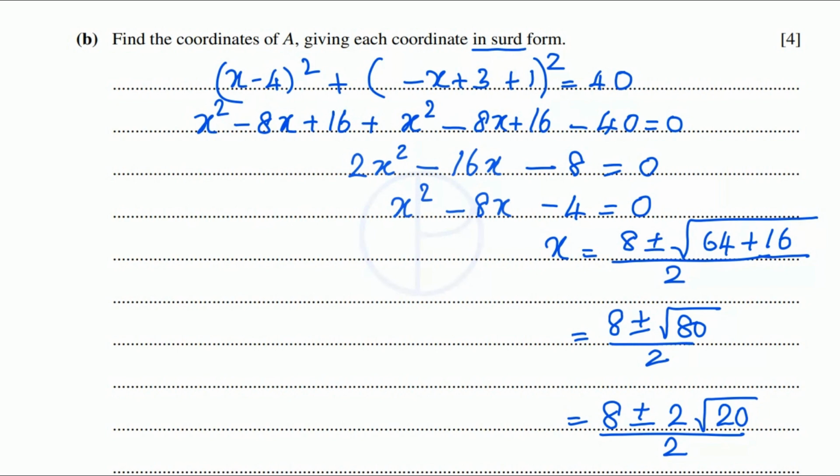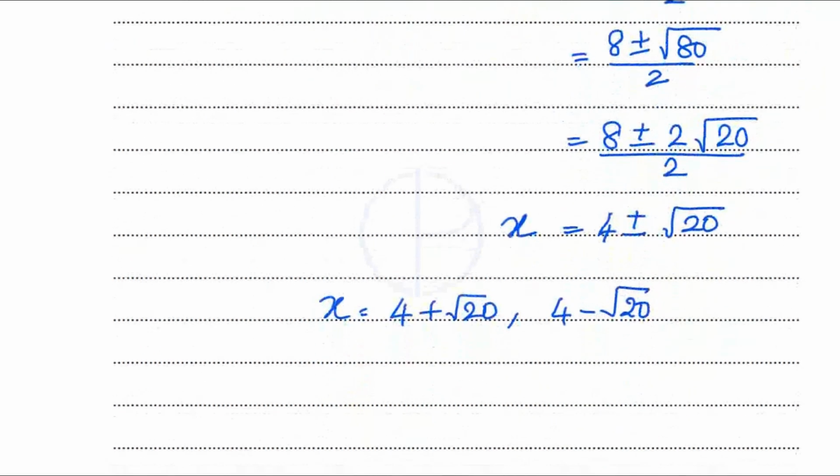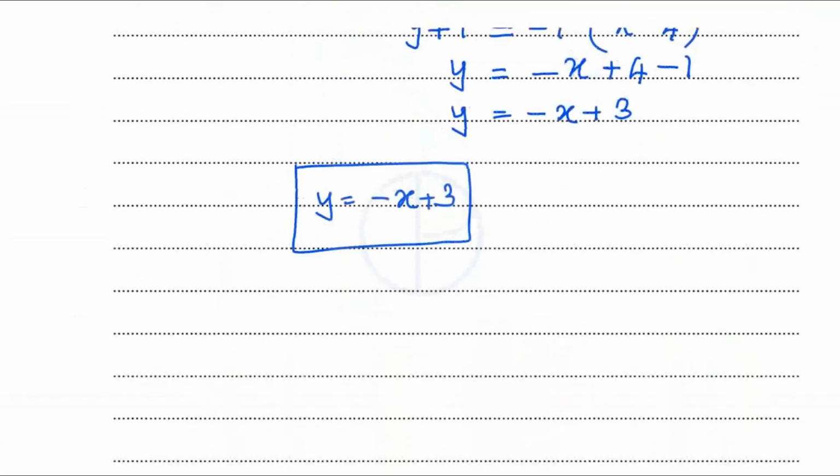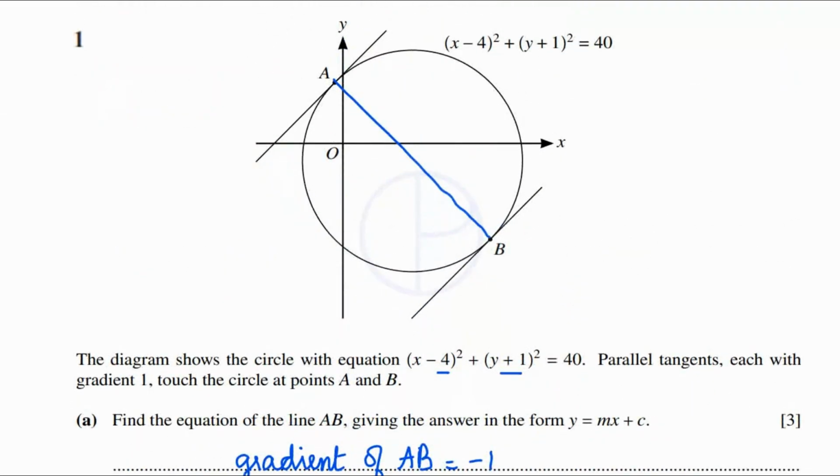So we need to find the coordinates of A. Out of these two x values, 4 plus square root of 20 and 4 minus square root of 20, which one is A?